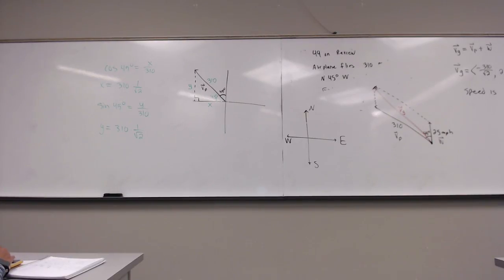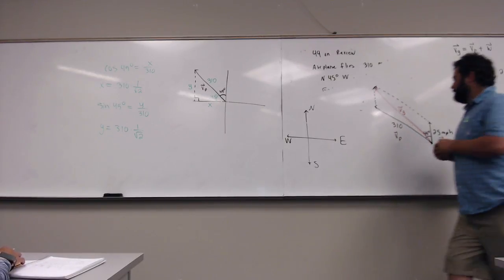So 310 over square root of 2, squared, plus 25 plus... 328.2. You got 328? Yeah, that's what I got.